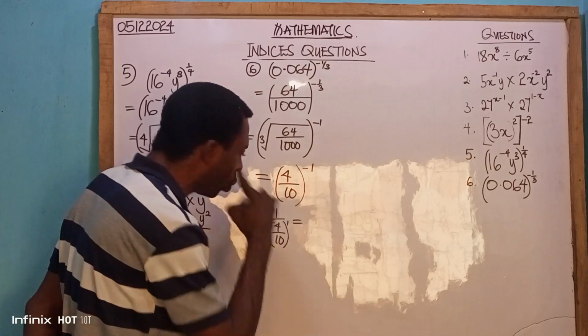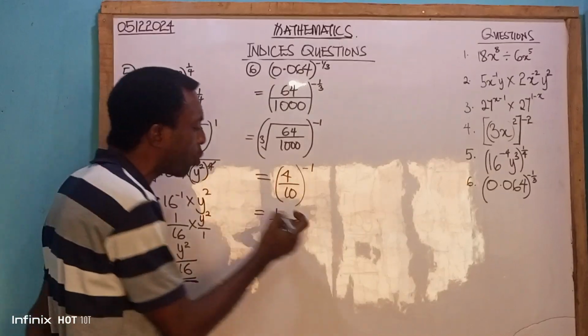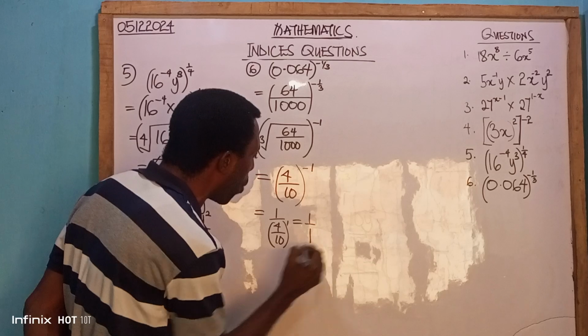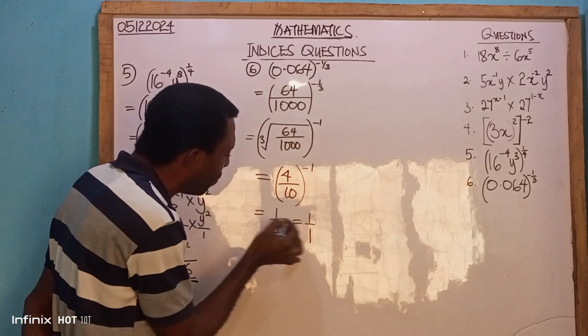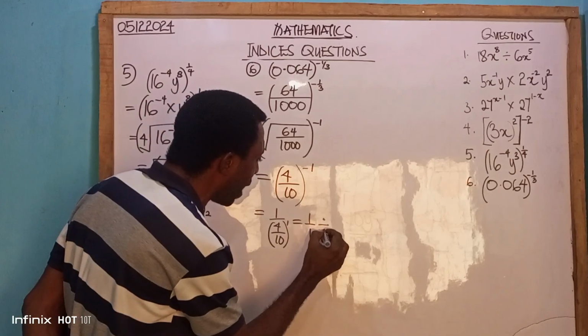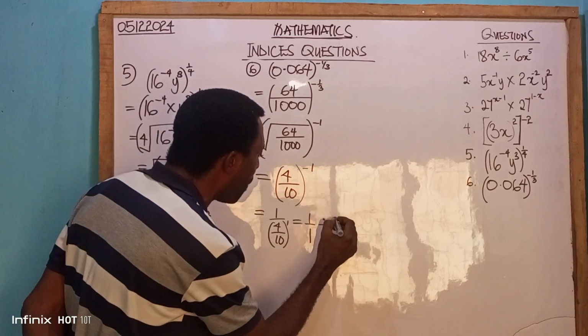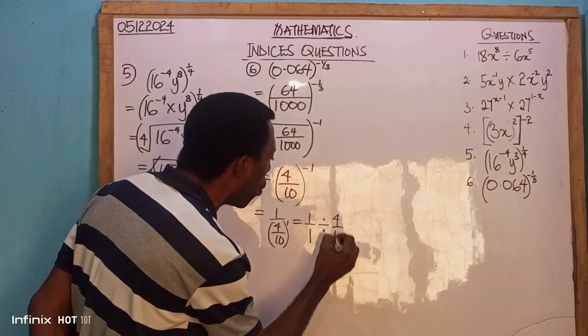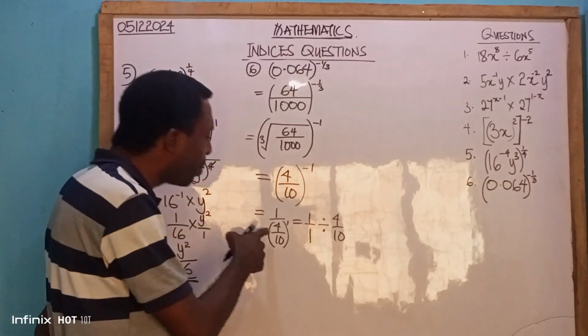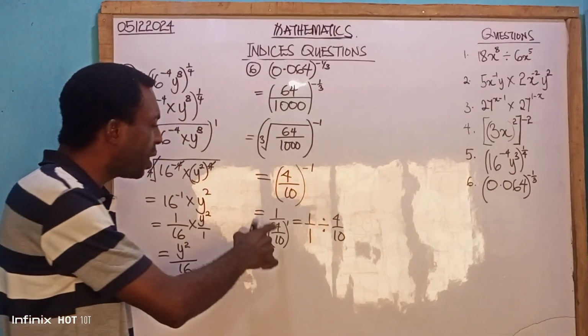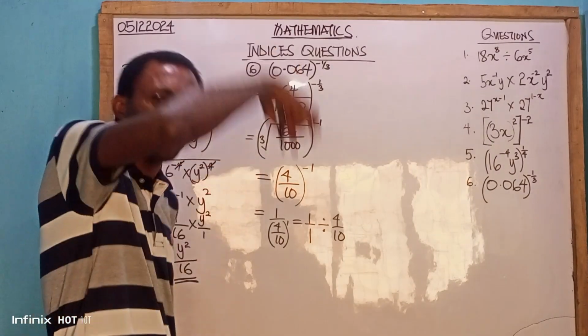Now, the 1 that you are having as a reciprocal becomes 1 over 1. Then this is a division. You have a division sign over 4 over 10. Do you understand? That's the meaning of what you have here, because a number raised to power 1 remains that same number.